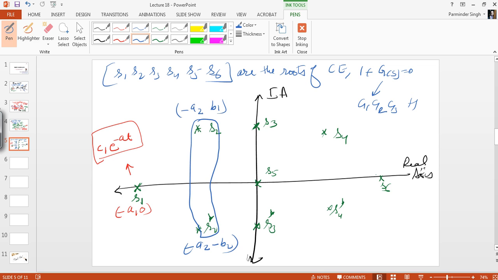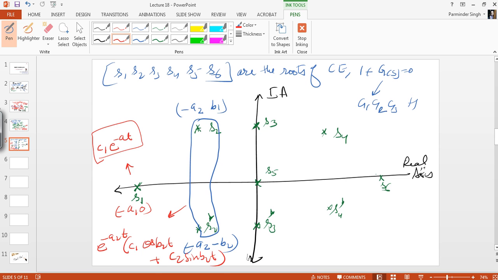If these are the roots S2, then for such roots the response will have these terms, that is, c1 cos of beta 2 t plus c2 sine of beta 2 t. These terms will be there if the roots are of the nature S2.